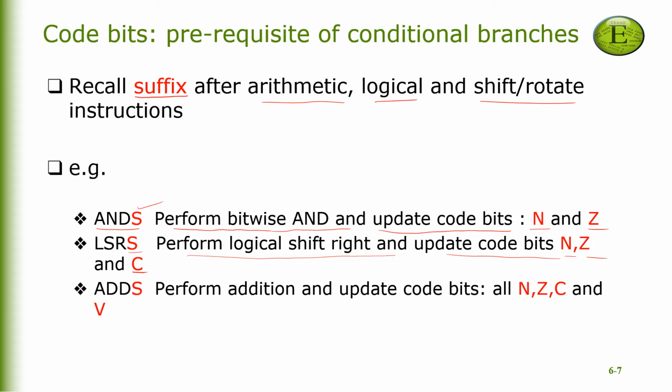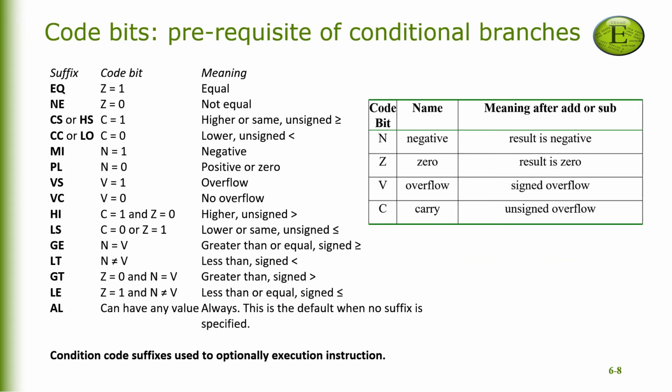And finally, the ADDS instruction performs the addition on the registers and also updates the code bits. In this case, all 4 code bits may be changed after the execution of this instruction. So why is that discussion important? Because based upon the value of the code bits, we are going to dictate the course of the execution of our program.